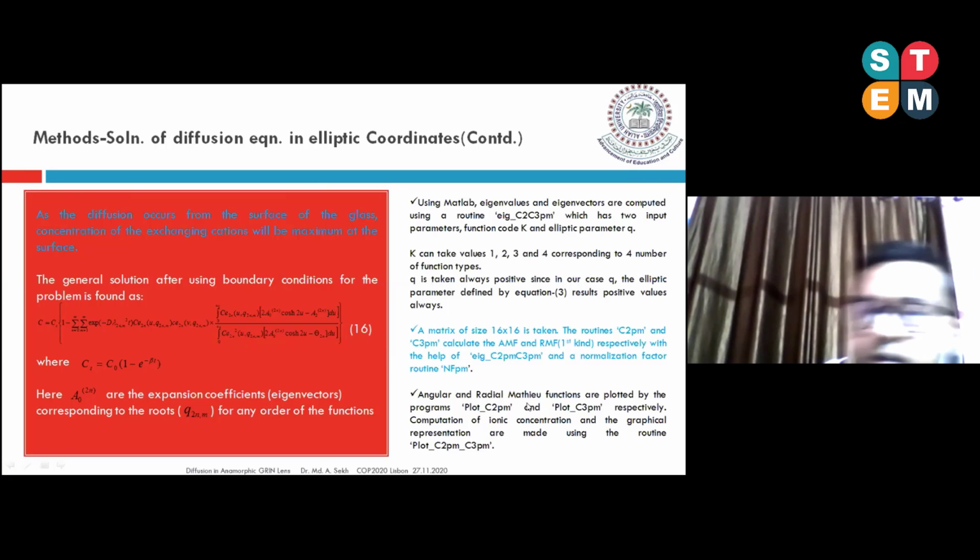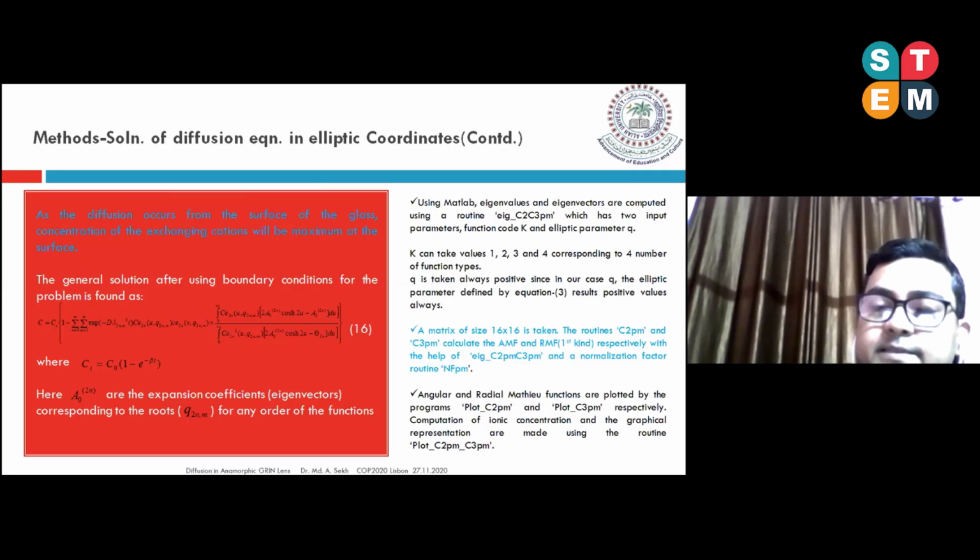Once the angular and radial Mathieu functions are calculated, they are plotted, and since they are independent of any system, they are verified against other publications to check whether the functions are correct. Their numerical values are also calculated for different values of order and different values of q.